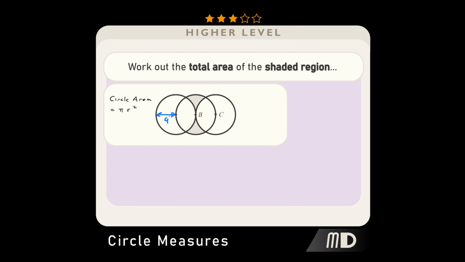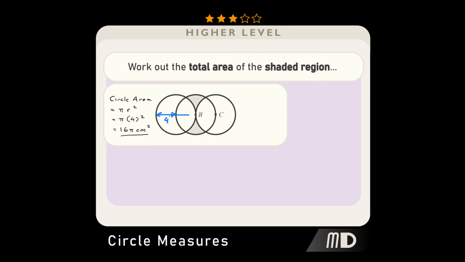So pi multiplied by 4 squared gives us a value for the area of 16 pi centimeters squared. The question tells us to give our final answer in terms of pi, so it makes sense to keep all of our calculations in terms of pi as we proceed.